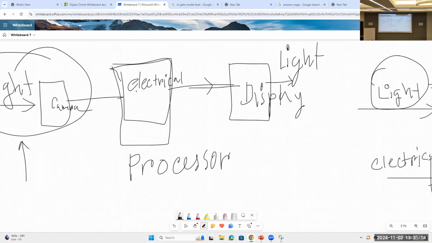In this case, the temperature sensor is converting the temperature to an electrical signal, and inside the display there is a chip that deals with processing.